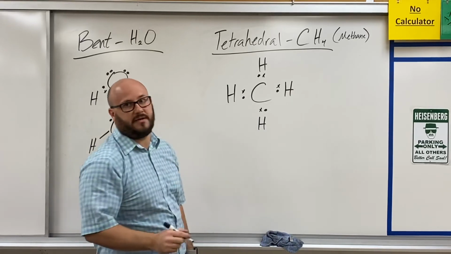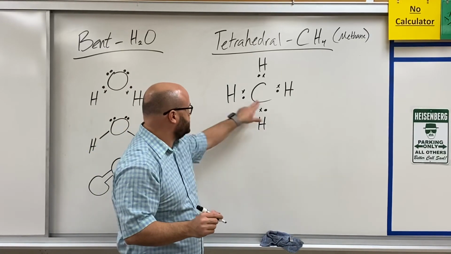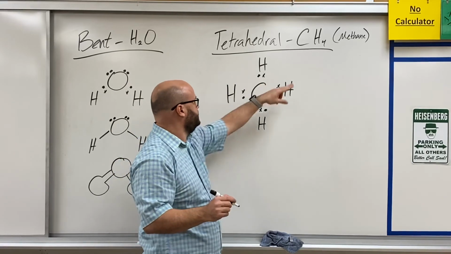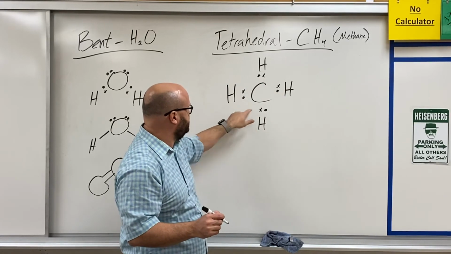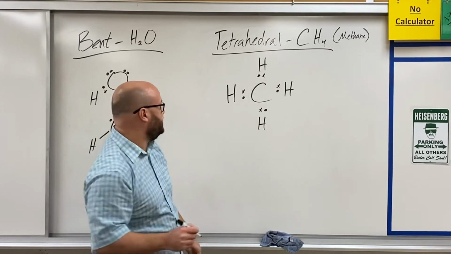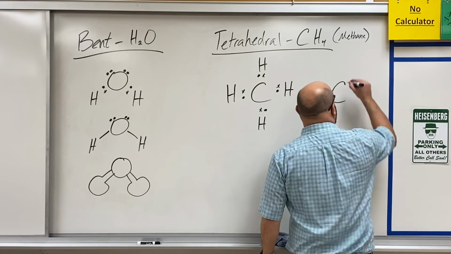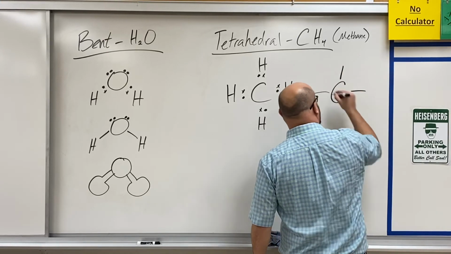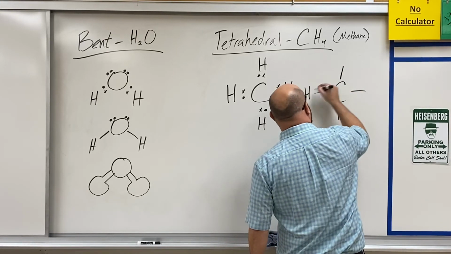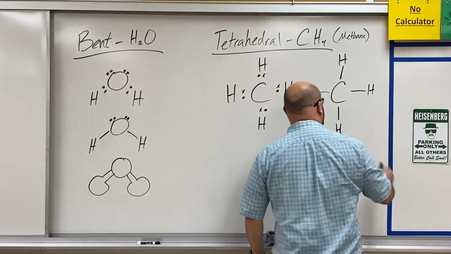Boom, just like that. Very organized, very easy, very neat. Hydrogen's got his 2 electrons. You count up carbon, 2, 4, 6, 8. All the atoms are happy. An easy way to draw this with 4 single bonds: 1, 2, 3, 4. Hydrogen, hydrogen, hydrogen, hydrogen.